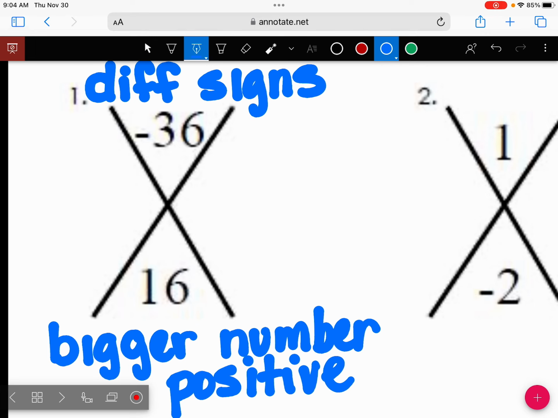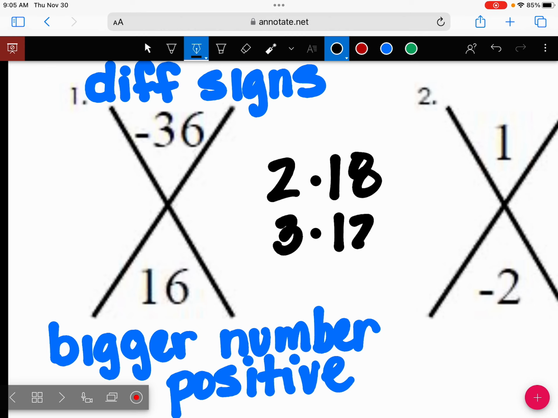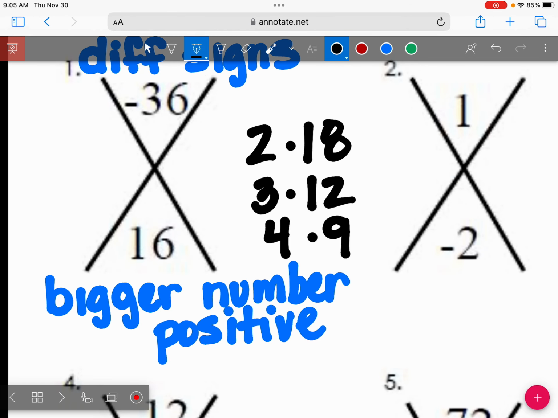Yep. 2 times 18. Do you see it in the threes? 3 times what? What about the fours? 4 times 9. And then there's one other place. Oh, actually, 6 times 6.